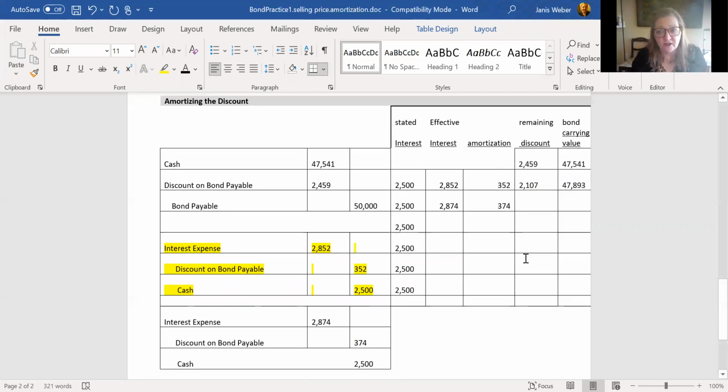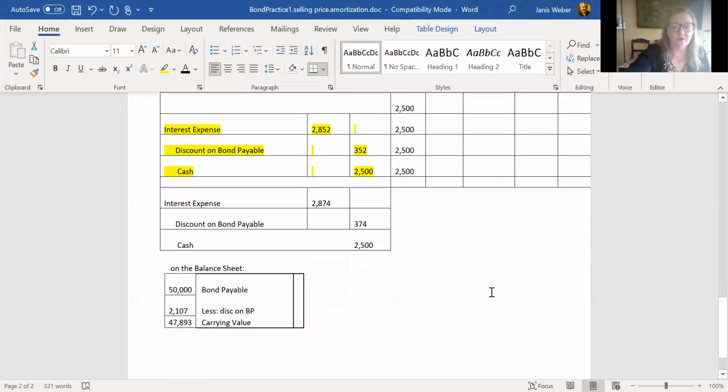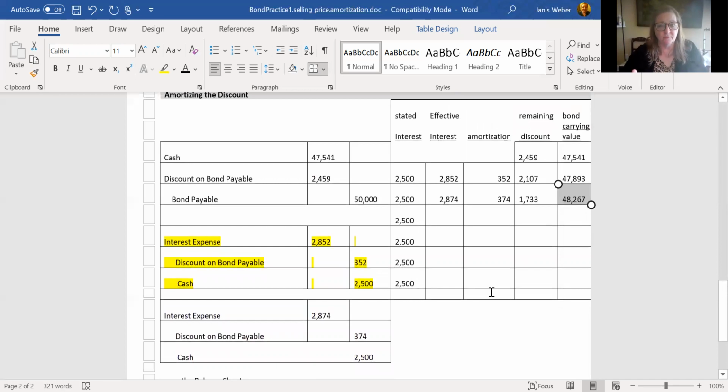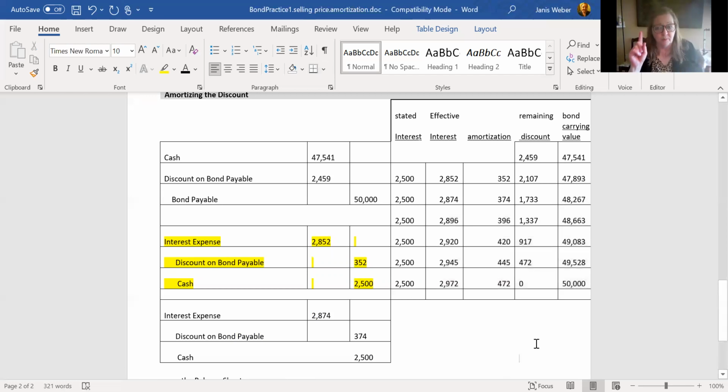So again, the remaining discount is decreasing by the same amount we just amortized. And by the same token, the bond carrying amount is getting closer to the face amount of the bond. So each of these 6-month periods that we make this adjustment, we're just shifting a little bit of the premium or discount over to add to or subtract from the stated interest, so that we will wind up having zero balance in any discount or premium account, and we'll wind up with the bond carrying amount being $50,000 at the end of the period.